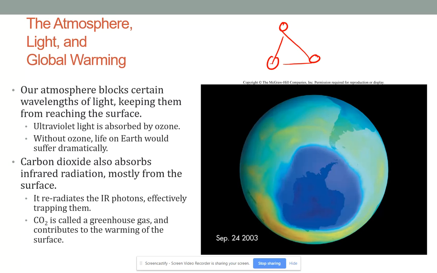Well, that ozone is really important because that ozone will absorb ultraviolet radiation. Why is that important? Remember we talked about radiation and that's electromagnetic radiation. We have the really high energies like gamma rays and ultraviolet. And then we have visible and infrared and radio.